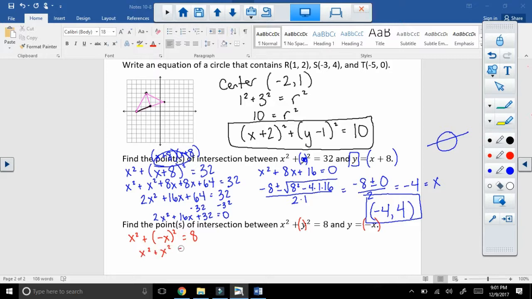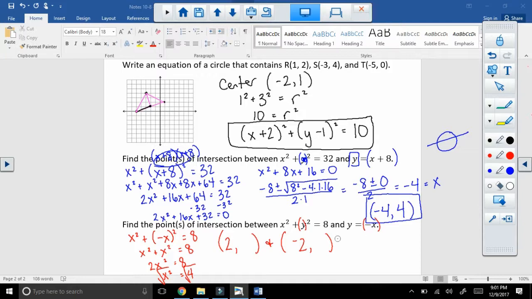So x squared plus x squared equals 8, or 2x squared equals 8. That makes x squared equal to 4, and when you take the square root, you need to make sure you remember there are actually 2 different answers that would work for that. So one of the x values is going to be positive 2, and one of the x values is going to be negative 2.